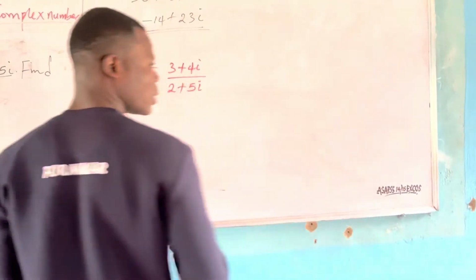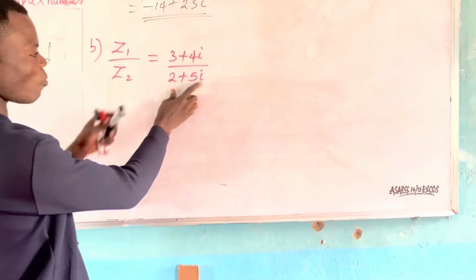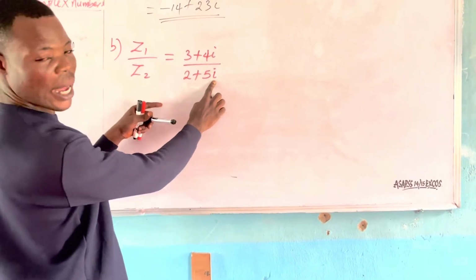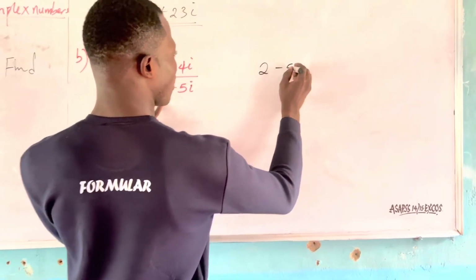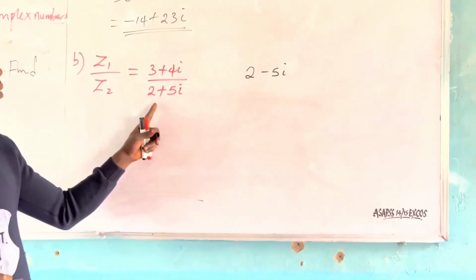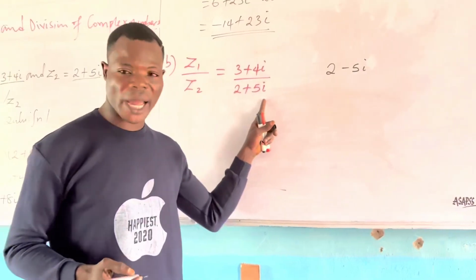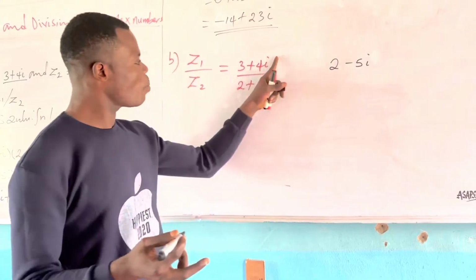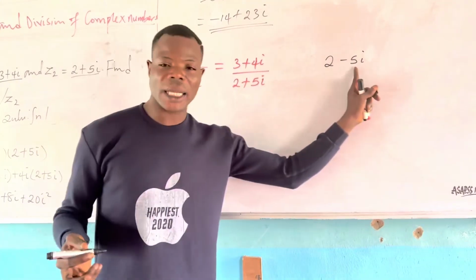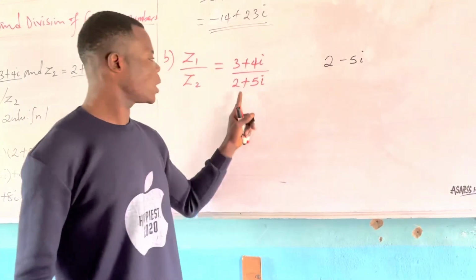You agree with me that the conjugate of 2 plus 5i will give us 2 minus 5i. So the conjugate of 2 plus 5i is 2 minus 5i. We are going to rationalize the numerator and the denominator by this conjugate of the denominator.